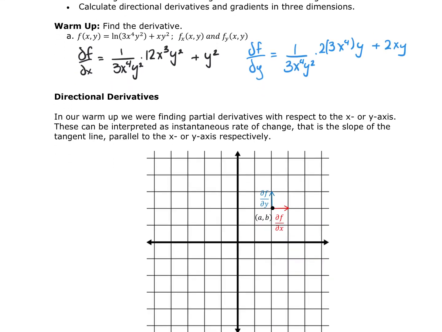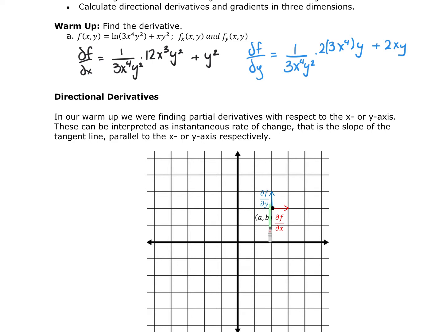Now, what we just did was we found the derivative with respect to the x or y axis, and it's a partial derivative. In other words, I'm doing a very small incremental change running parallel to the x-axis when I'm doing the partial derivative with respect to x, and the partial derivative with respect to y is running parallel to the y-axis.